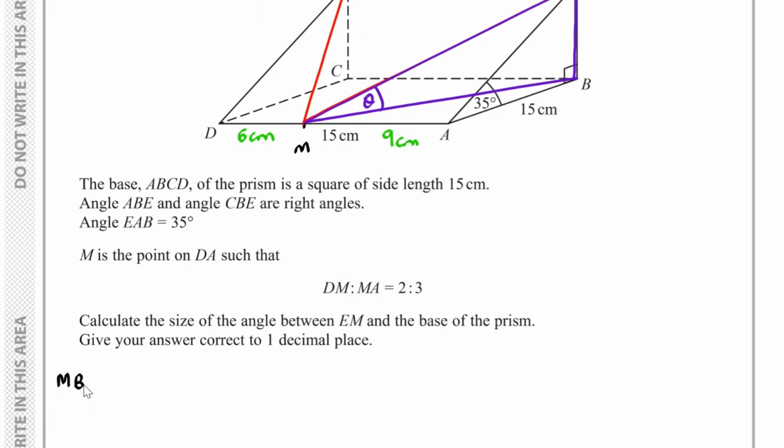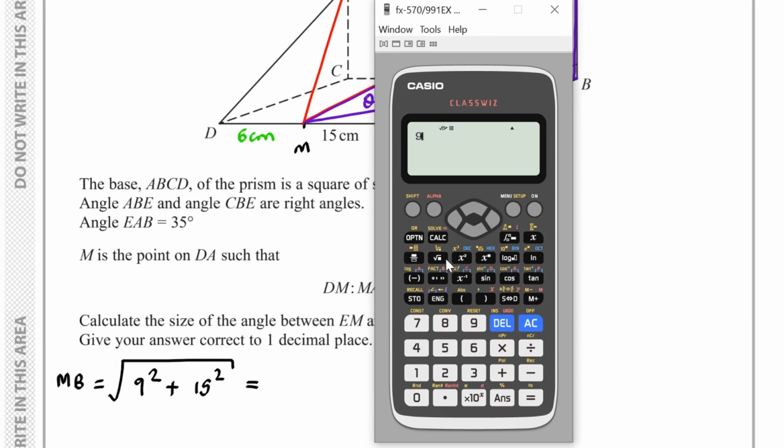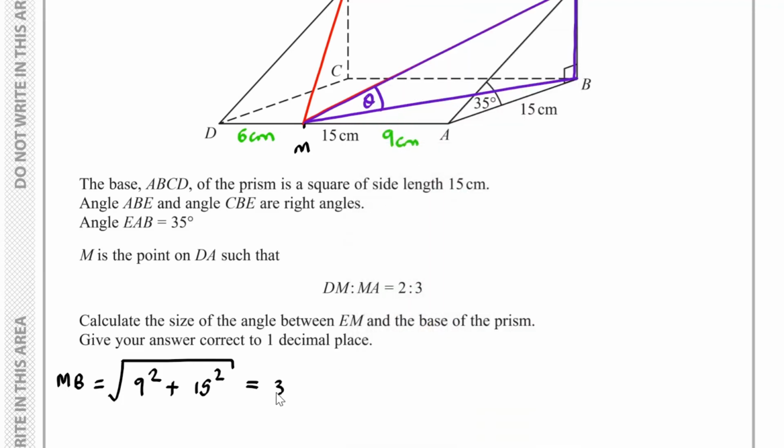MB is equal to the square root of 9 squared plus 15 squared, which is 3 root 34. So if I add this to the diagram, here I have 3 root 34 centimeters.